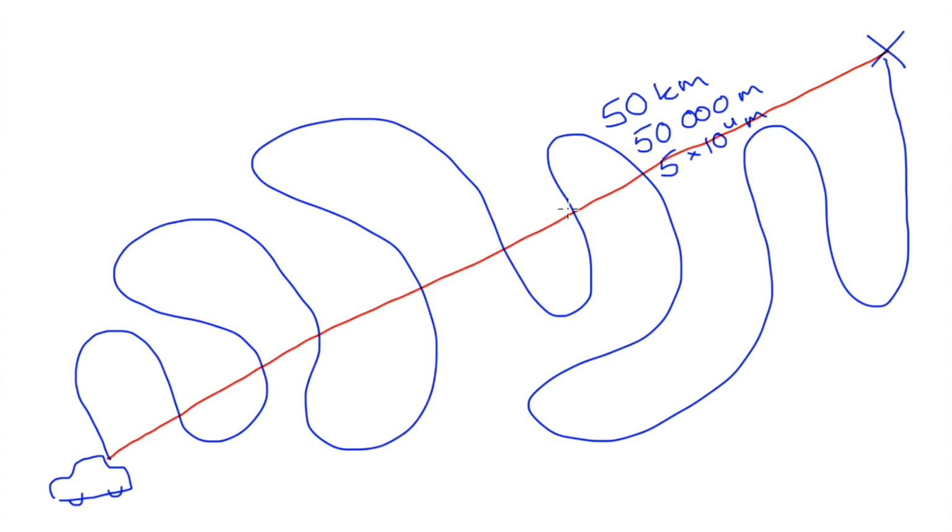And so that displacement would only be, let's say, 20 kilometers, or like we said before, 20,000 meters, or 2 times 10 to the 4 meters. And now also, because it is a displacement, we also have to give a direction that it's in. If we're saying that this is north, this is east, south, west, then it's going roughly northeast.